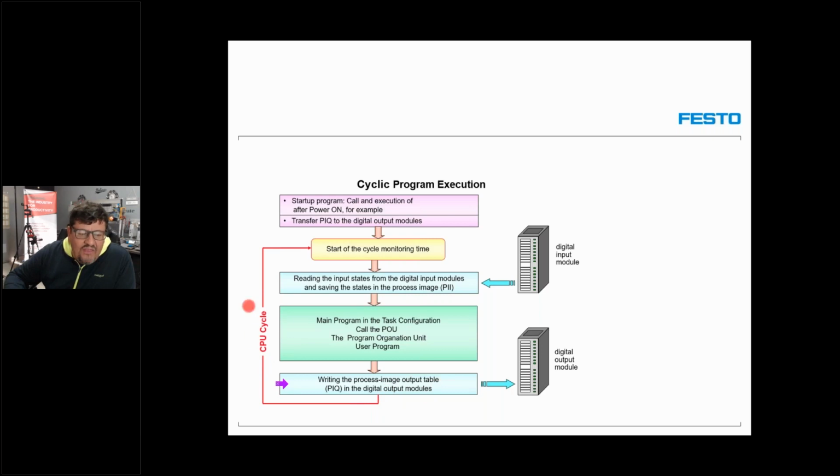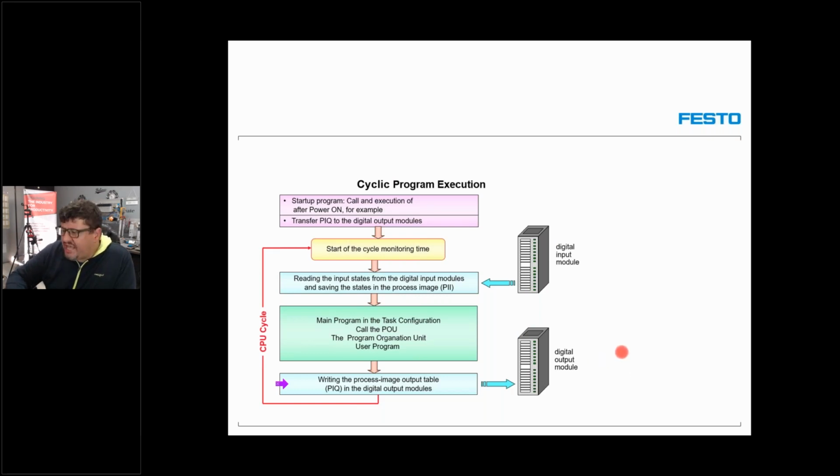And now we cycle. This is how it cycles through my program, and this is why we call it the CPU cycle through your program. This is continuously happening inside your PLC. If you understand the basics of this, all the PLC companies work on exactly the same principle.